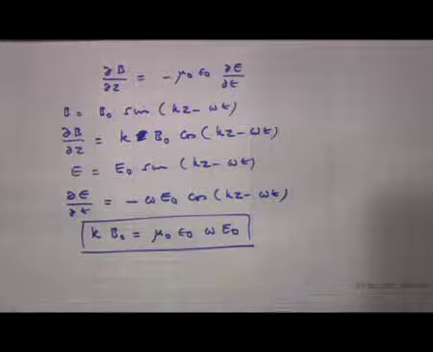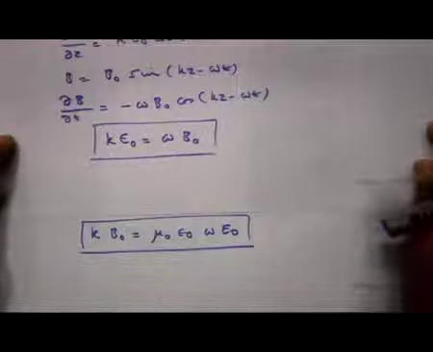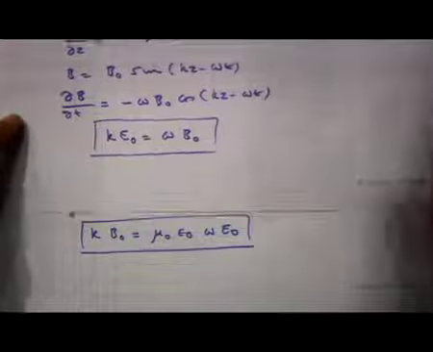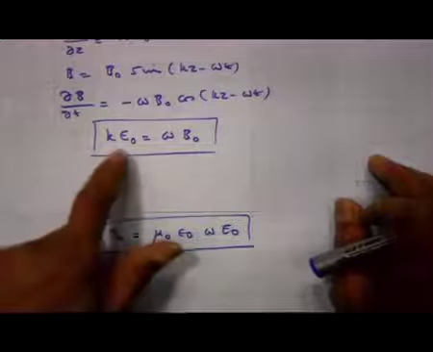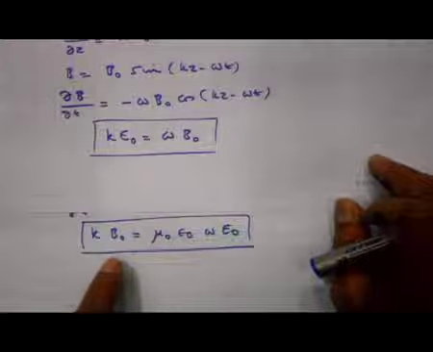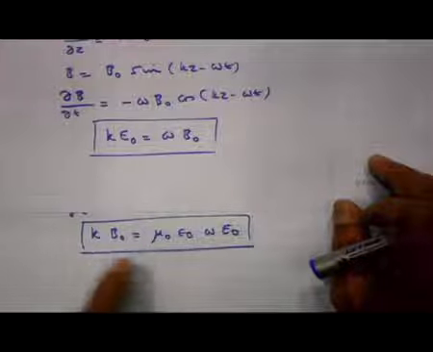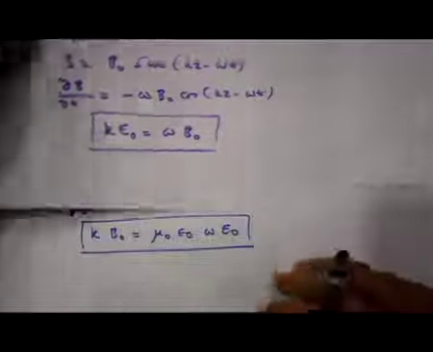So, now let me recall the other equation which I got, which is the condition to satisfy Faraday's law. So, I got two equations. If the solutions which I have written must satisfy Faraday's law of induction, E naught and B naught are related by this. If the solutions must satisfy generalized Ampere's law, E naught and B naught are related by this. So, let me rewrite these equations and simplify.